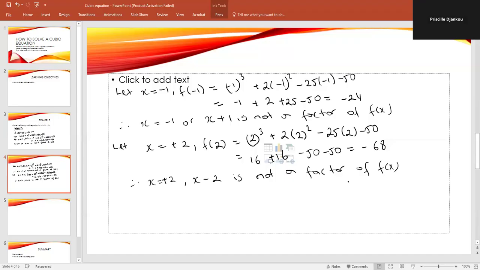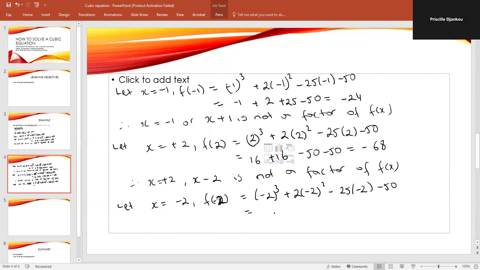Okay, we now choose x equals minus 2. We substitute x equals minus 2 into f of x. That gives us minus 2 cubed plus 2 times minus 2 squared minus 25 times minus 2 minus 50.